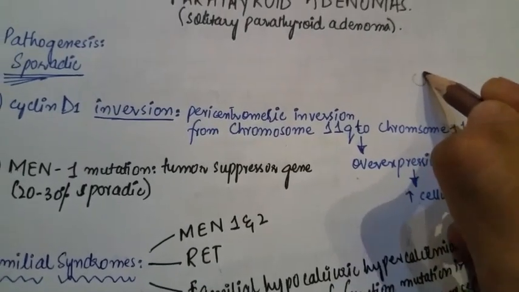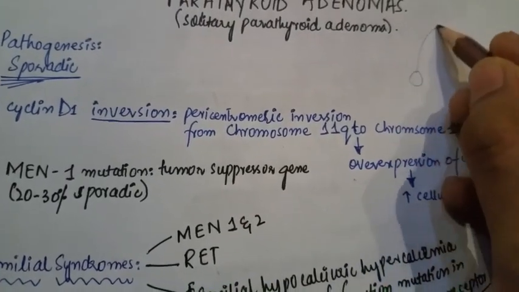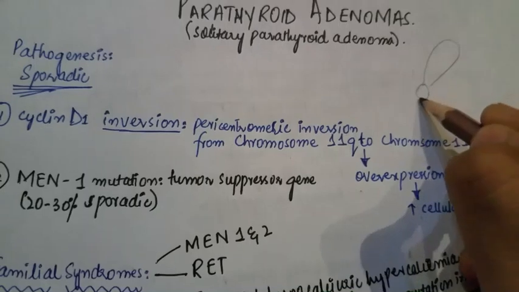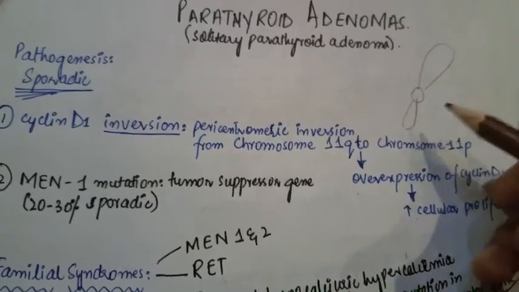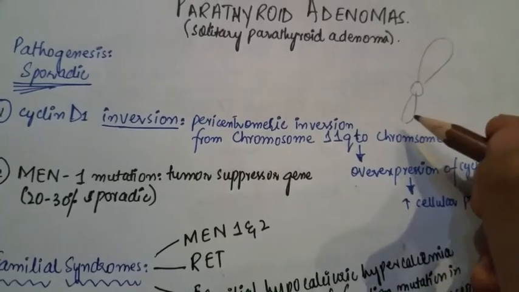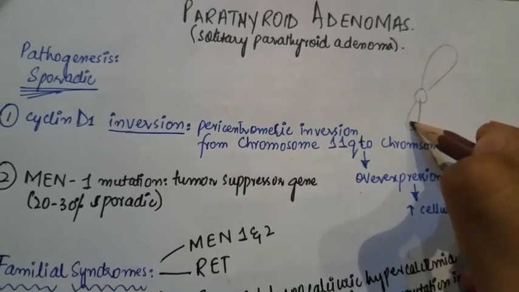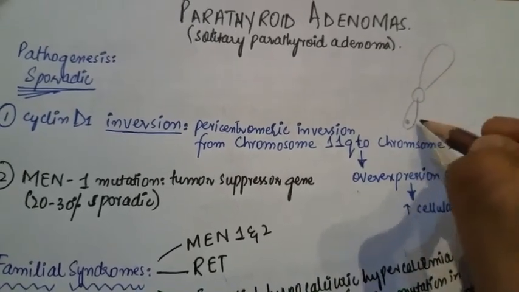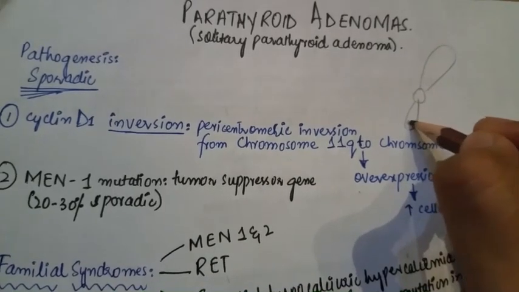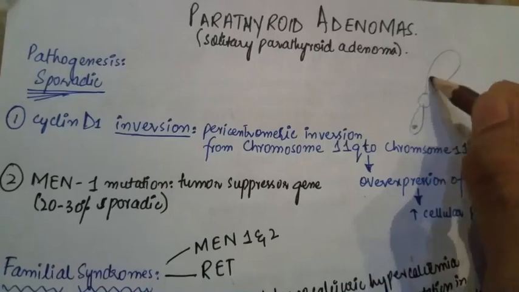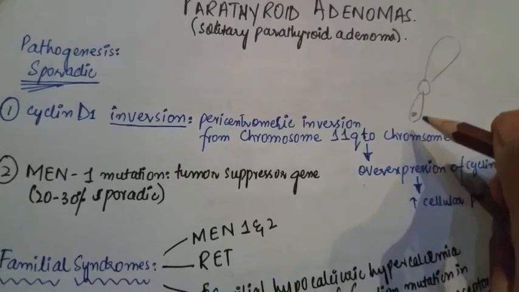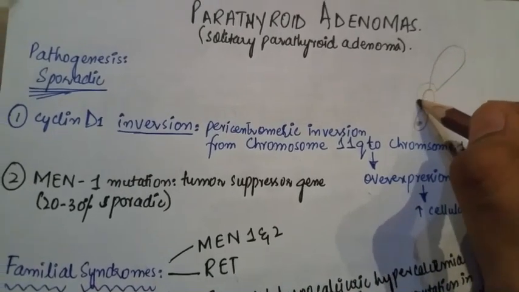For example, this is the centromere, this is the long arm of the chromosome, this is the short arm of the chromosome, and this is the gene of cyclin D1. When there is an inversion of this gene from this place to this place, this is known as pericentromeric inversion, meaning around the centromere.